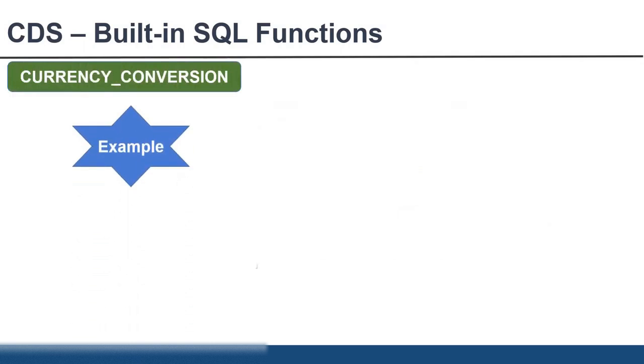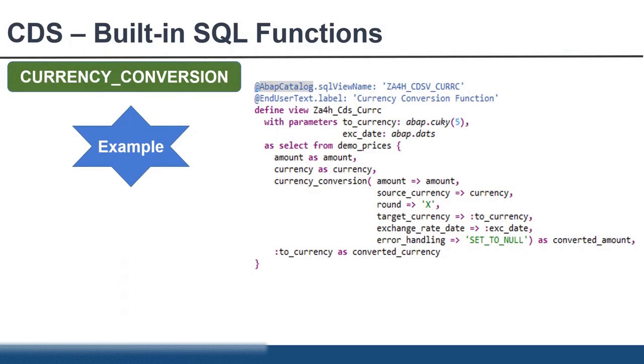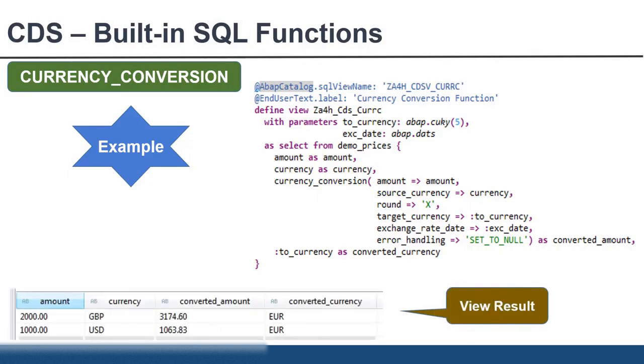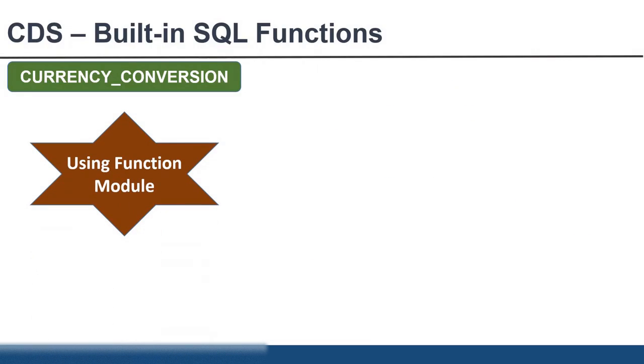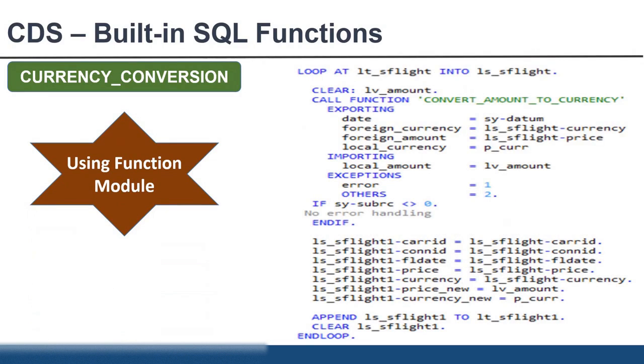Currency conversion, an example. And the result. So this is the way usually we use the regular currency conversion in regular ABAP code, which is slightly different from what we use in the CDS with the function.